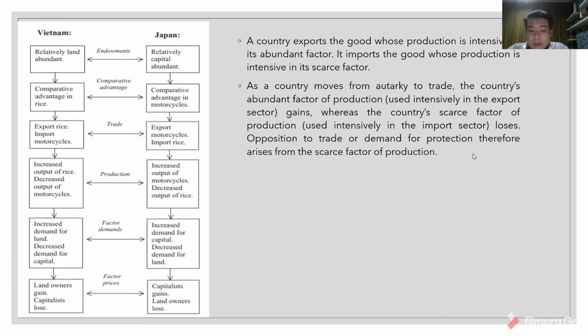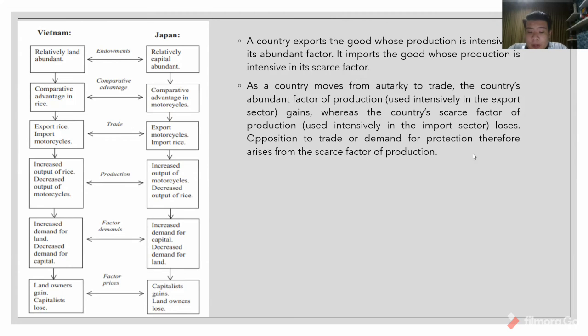In Vietnam, the comparative advantage in rice causes an increase in the output of rice at the expense of motorcycles. Consequently, there is an increase in demand for land and a decrease in demand for physical capital. These factor demand changes have the result that landowners in Vietnam gain from trade, whereas Vietnamese capital owners lose from trade.